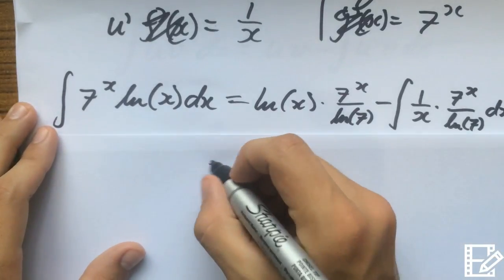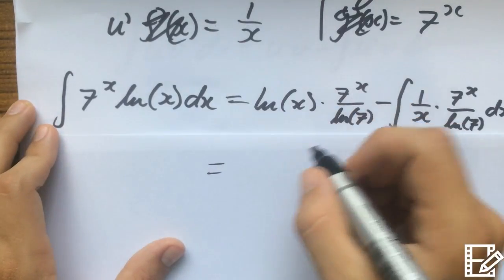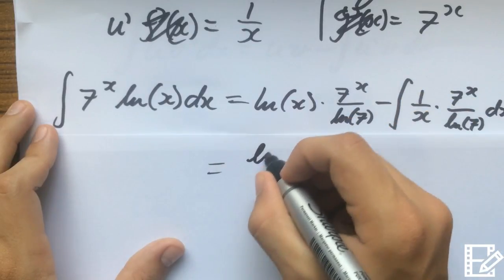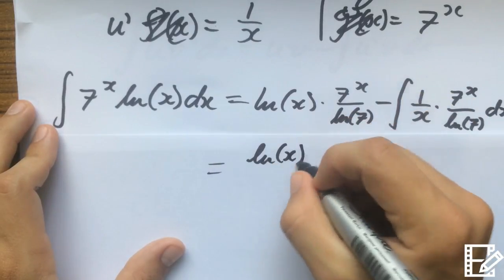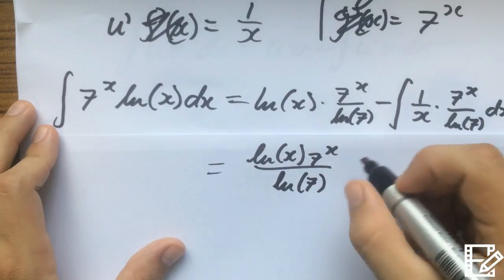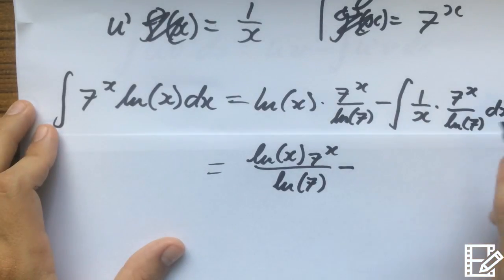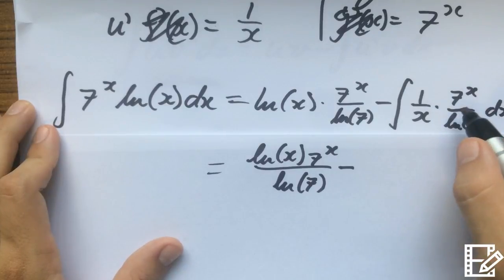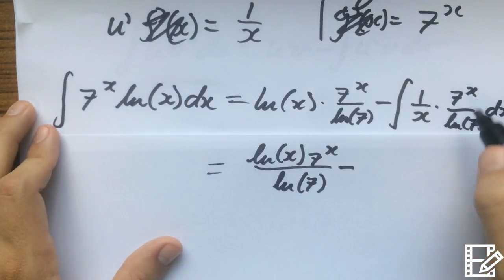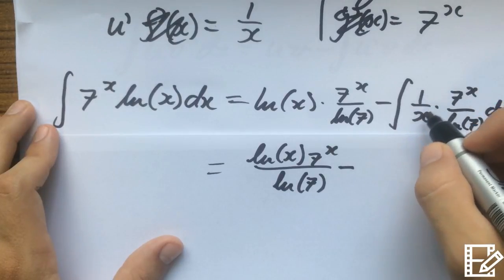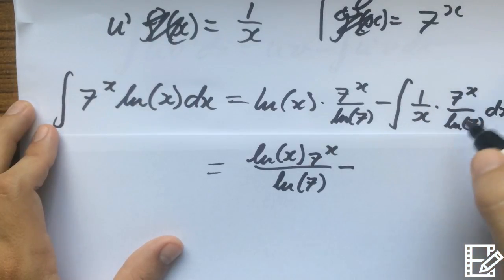ln of x multiplied by 7 to the power of x over ln 7. That just looks like this. Subtract. Well, this 1 over ln of 7 is multiplied by 7 to the power of x. Therefore, it would look like 1 over x multiplied by 7 to the power of x multiplied by 1 over ln of 7.